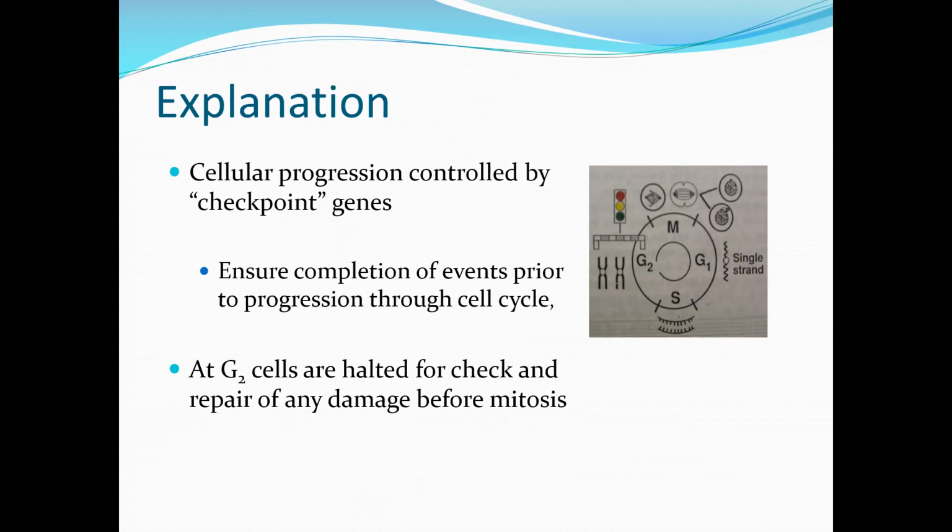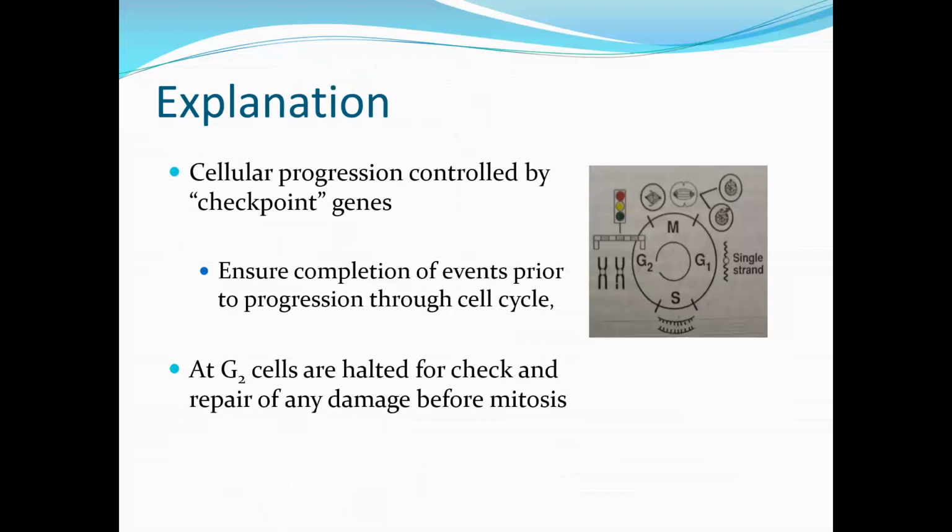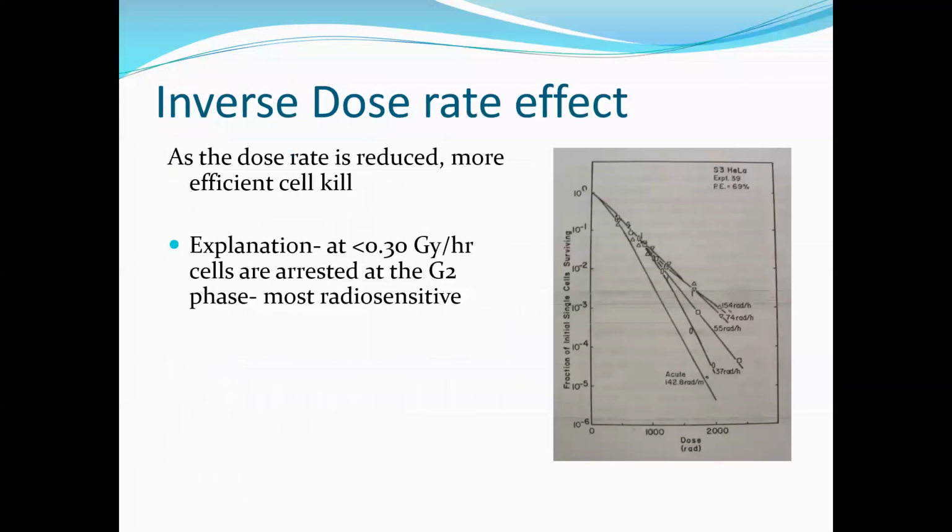At G2, cells are halted for check and repair of any damage before mitosis. So at G2, they find out that there are damages and they kill. That is why G2M phase, because that is the time when they figure out that a lot of damage has happened and they kill the cells rather than progressing through mitosis.